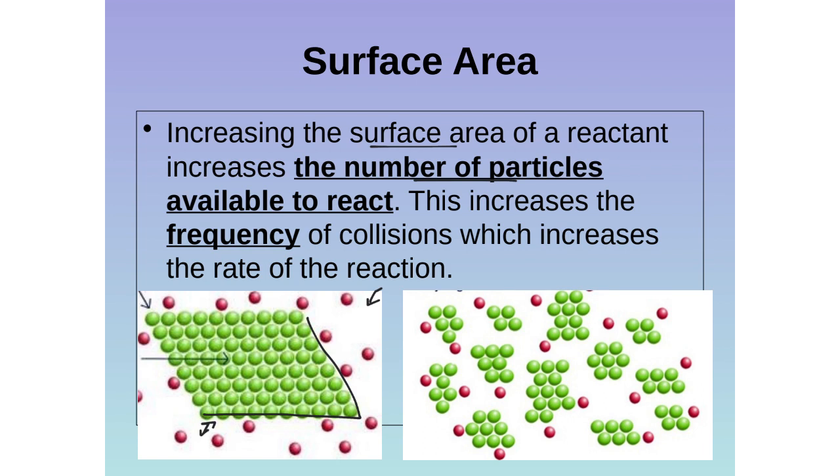So you're really limited as to how many collisions you can have. The minute you increase surface area right here, and you break apart all those particles, they can all now interact with the other reactant particles, and they increase the frequency of those collisions. And again, hoping to have proper orientation or proper alignment. Surface area does not affect activation energy.